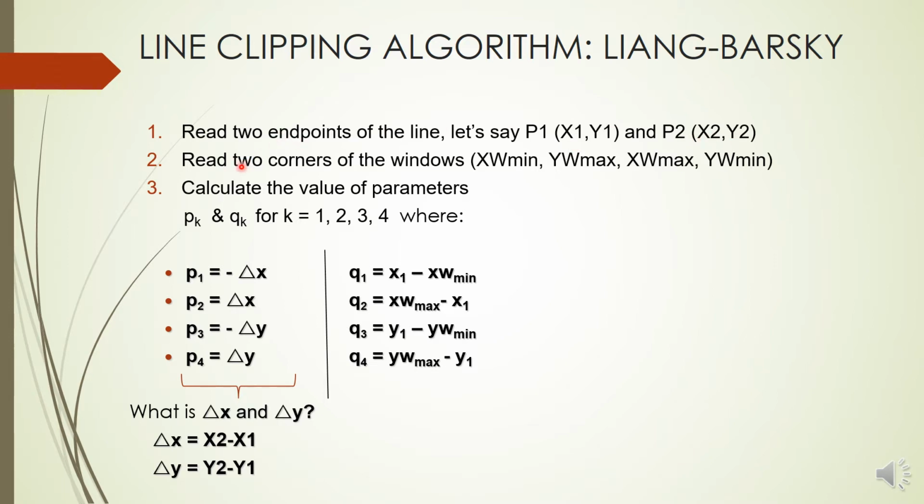After that, we need to read two corners of the window. We need to read the values of xw min, yw max, xw max, and yw min, the corners of the clipping window. Then we need to calculate the values of the parameters.